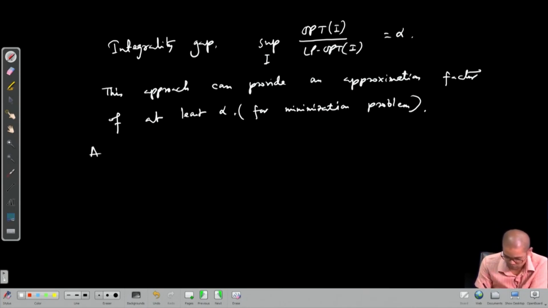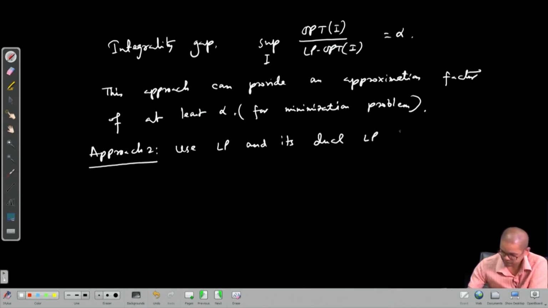So approach 2: use the LP and its dual LP to either analyze or design a combinatorial algorithm.